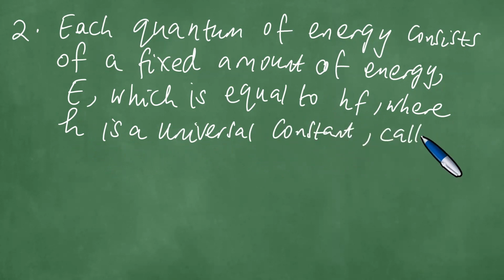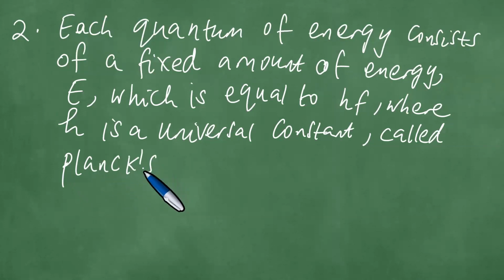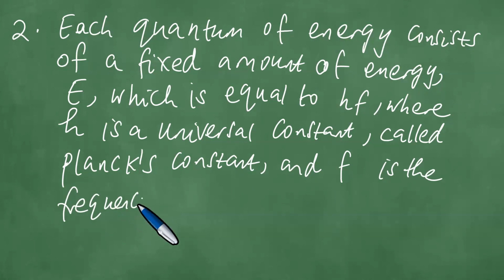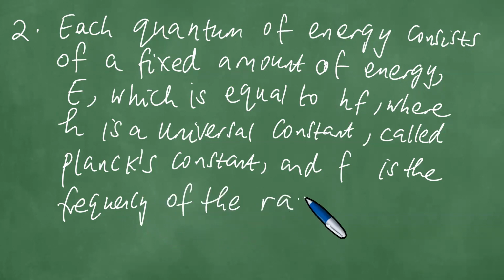This is called Planck's constant. And F is the frequency of the radiation. So E equals HF.